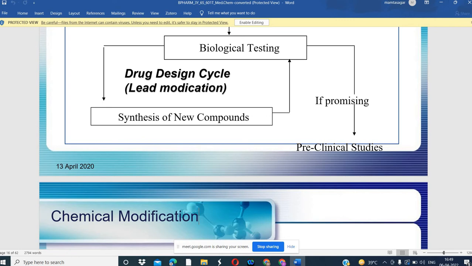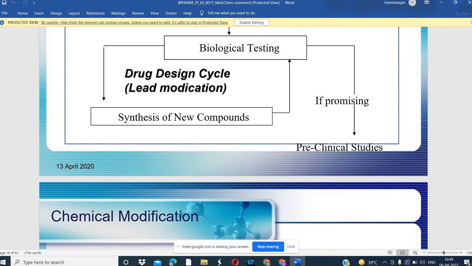Okay. So the lead molecule you cannot modify, although you can do some modification on the side groups. But that is the actual active component of the compound, which is necessary for the functioning of the drug. So we have to keep this in mind. Then only we can do some modification in the side group.